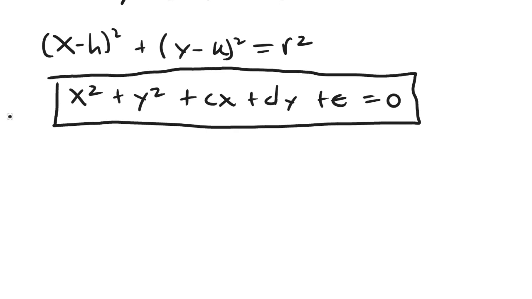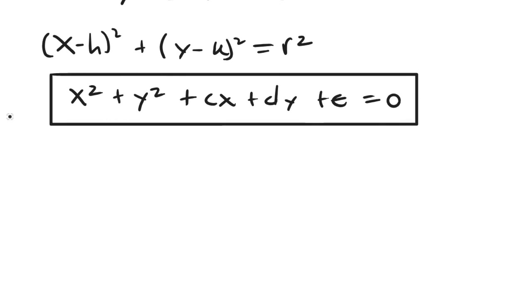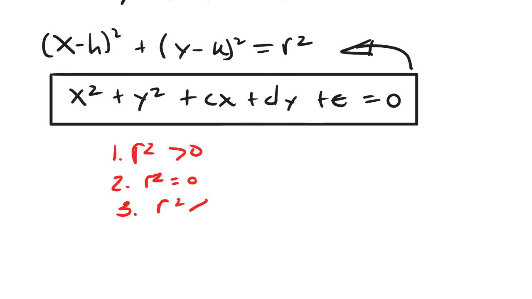But there is a bit of a problem. If I complete the square going from here to there, then r squared could be positive, it could be equal to 0, but it also could be less than 0, meaning that we have these 3 cases.